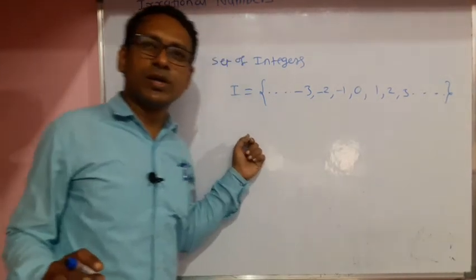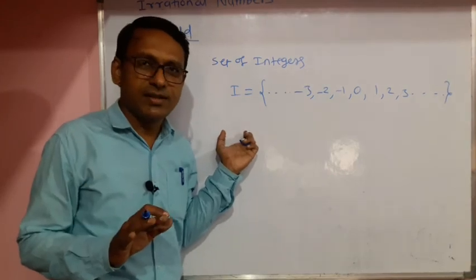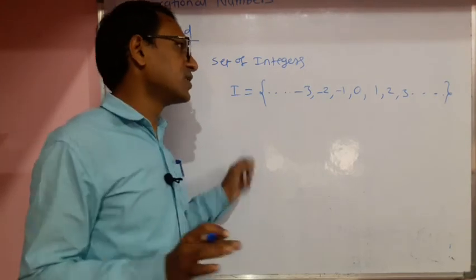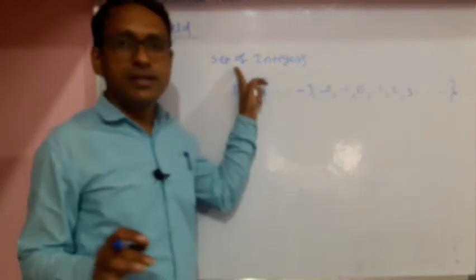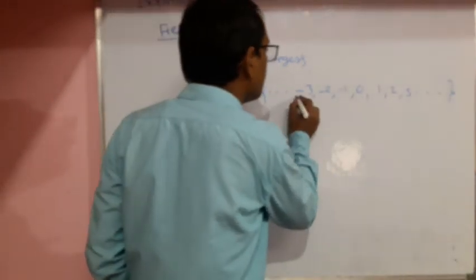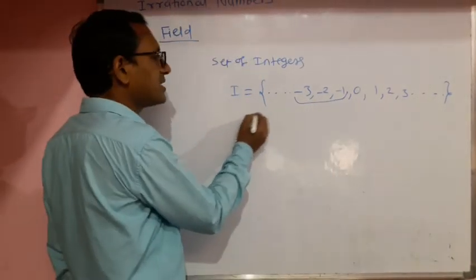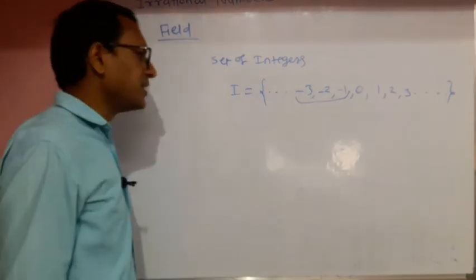In the set of whole numbers, the fifth property of a field is not satisfied because negative integers do not belong to W. But this set of integers contains negative integers also. It means the first 5 properties are satisfied for the set of integers.